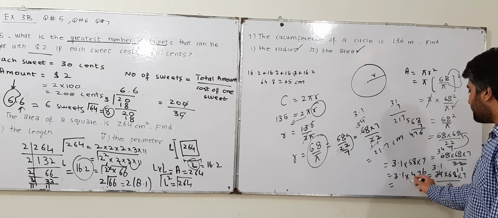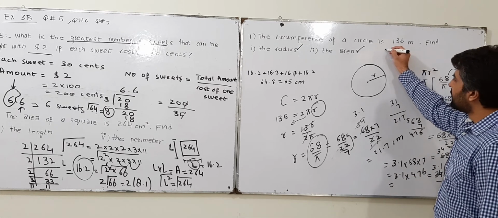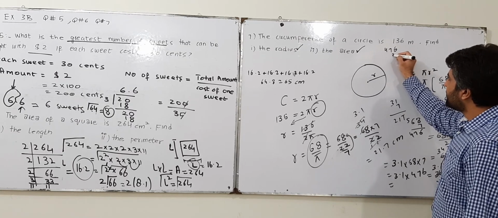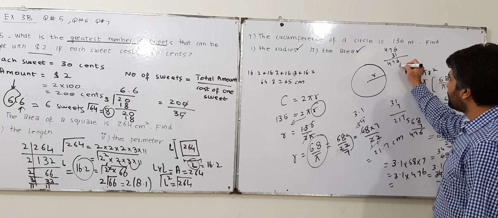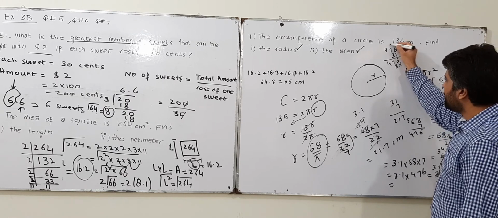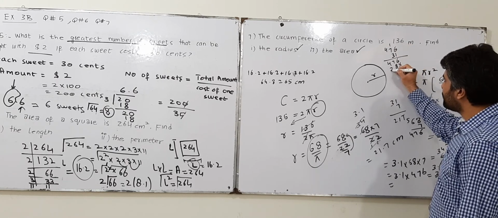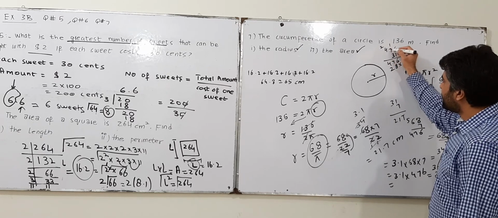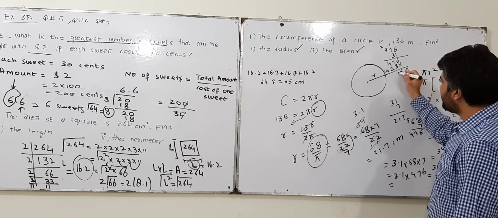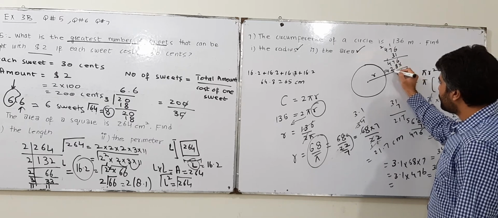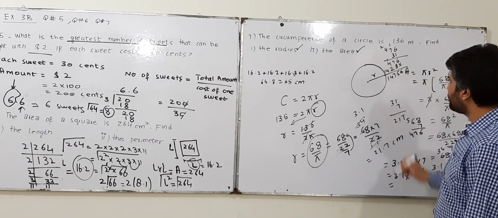So you can multiply 3.1 and 476. 476 and 31: 6 times 1 is 6, 1 times 7 is 7, 4 times 1 is 4, then 3 times 6 is 18, 3 times 7 is 21 and 1 is 22, 2 carried over, 3 times 4 is 12 and 2 is 14. The result is 14756.